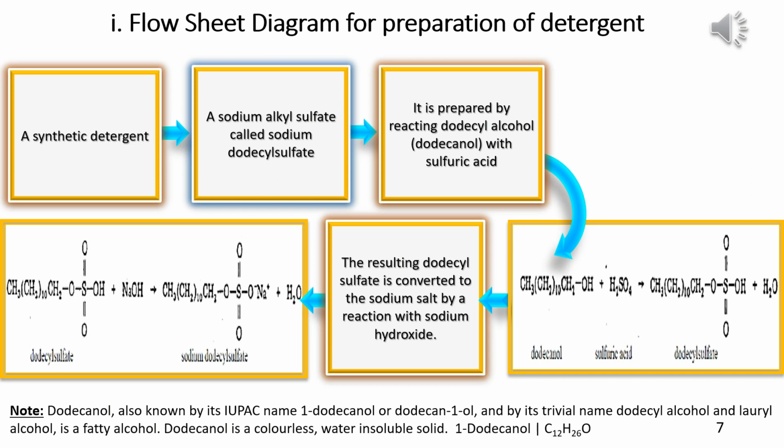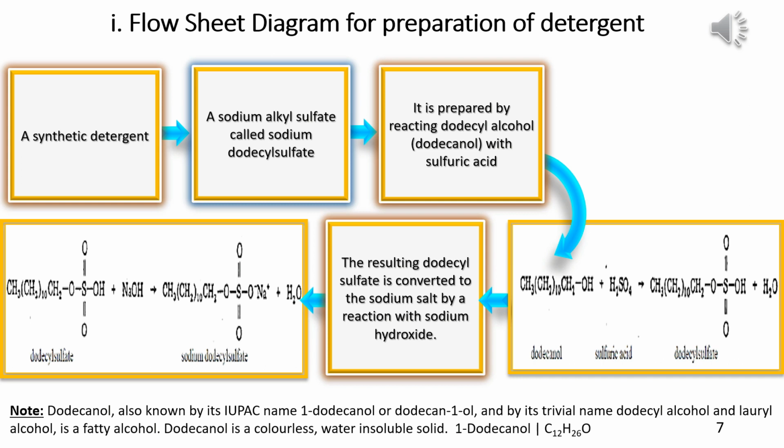In the third bar you can see that it is prepared by reacting 2-decyl alcohol, which is also called 2-decanol, with sulfuric acid. So how is sodium 2-decyl sulfate prepared? It is prepared by the reaction of 2-decyl alcohol, also called 2-decanol, with sulfuric acid.